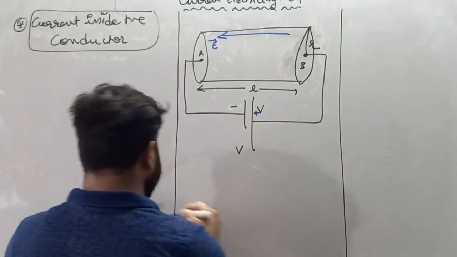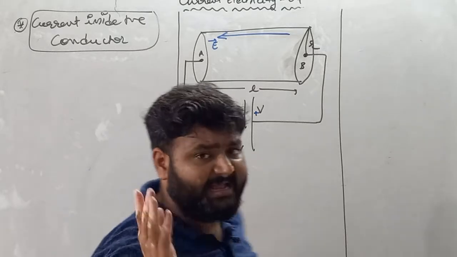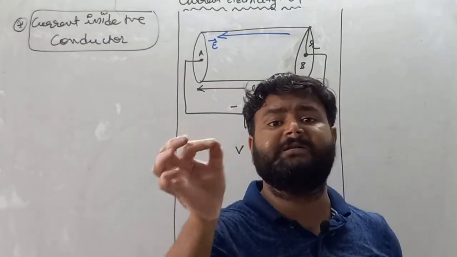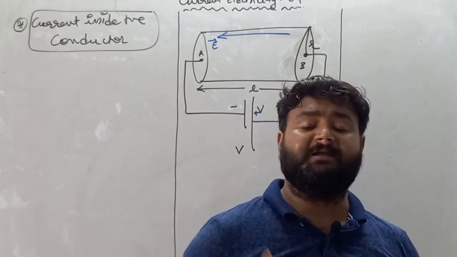Now see, my dear student, I am assuming that n number of free electrons are present in the conductor per unit volume, not the total number of free electrons.